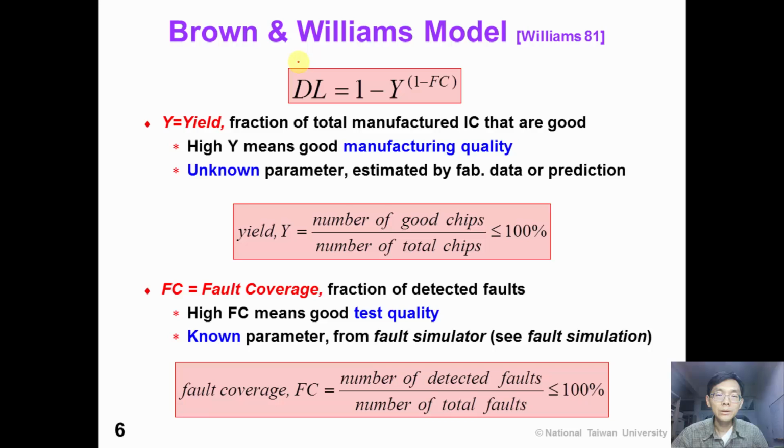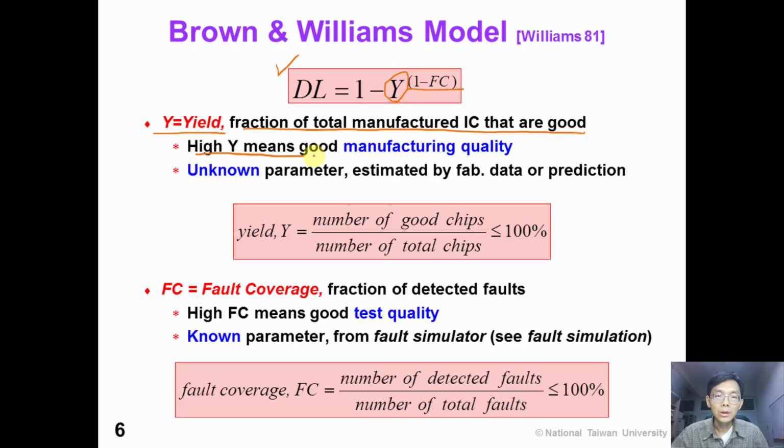According to the Brown and Williams model, we can predict the defect level by this equation. Defect level is equal to 1 minus yield to the power of 1 minus fault coverage. In this model, yield means the fraction of total manufactured ICs that are good.